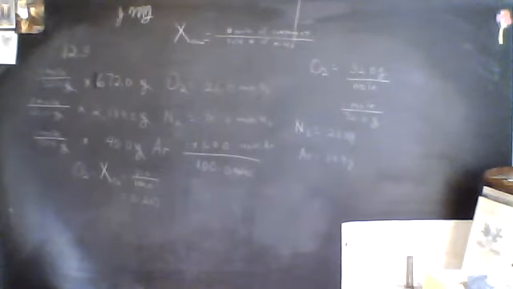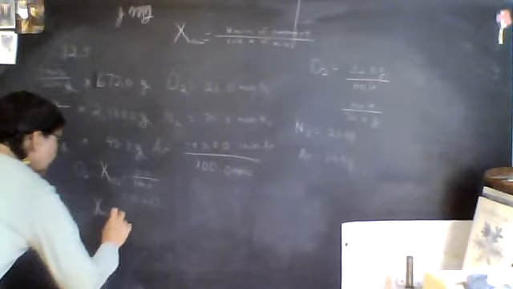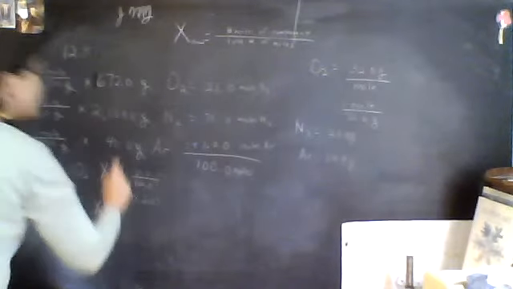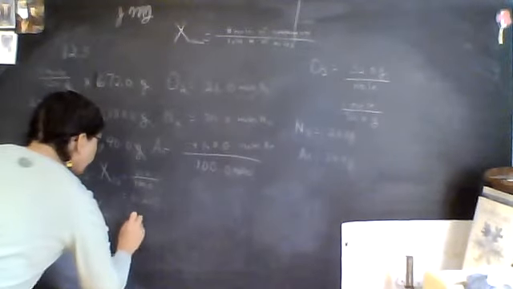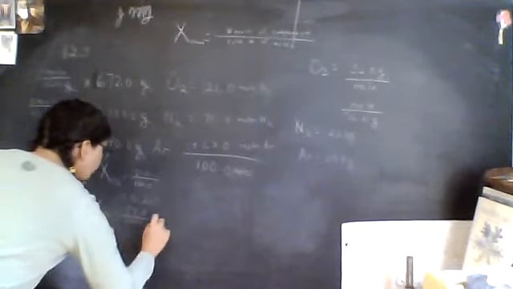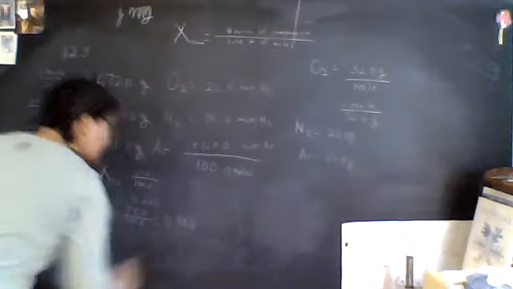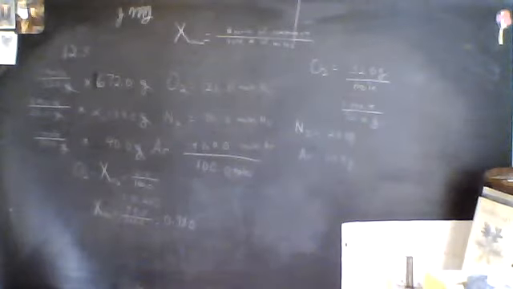What's the X of the N2? It's 78.0 per 100, so 0.780, 78 hundredths.